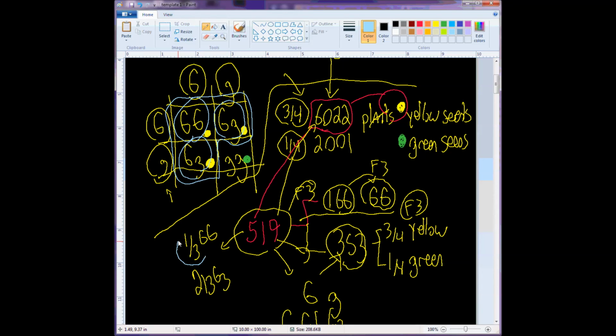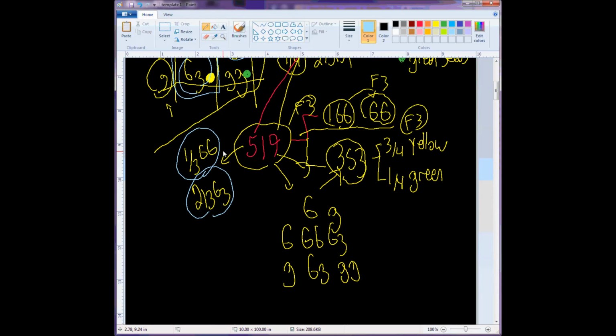So 1 out of 3 ways to get 2 big Gs, and 2 out of 3 ways to get a big G and a little g. And if you look at these numbers here, 166 is approximately 1/3 of 519, and 353 is approximately 2/3 of 519.